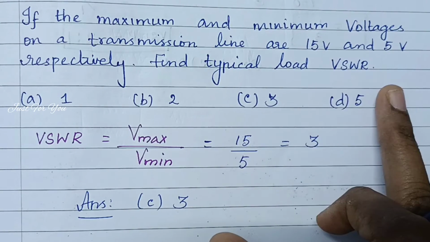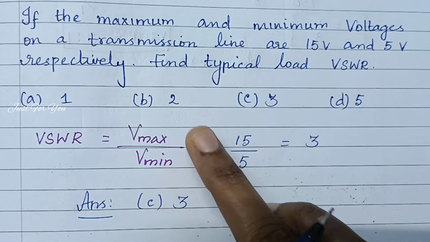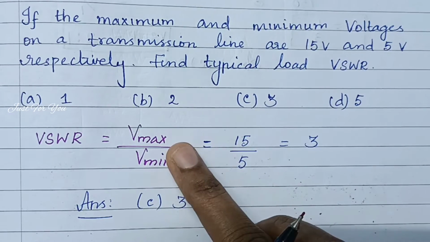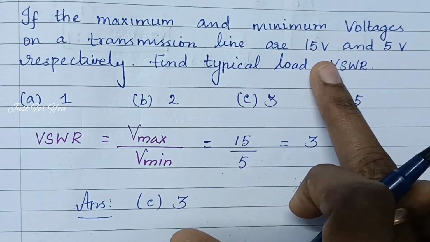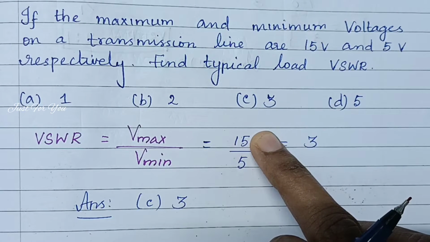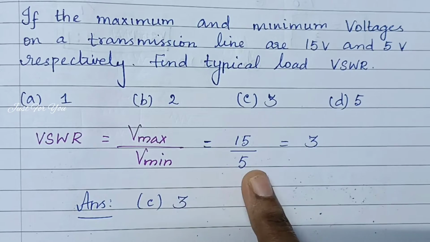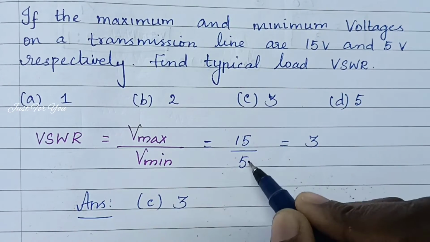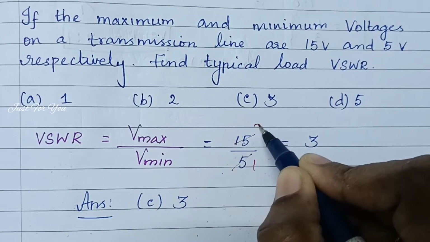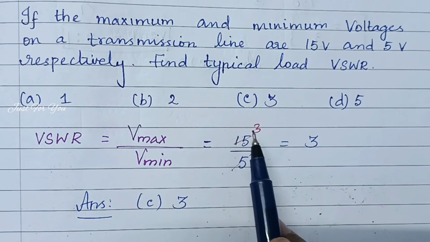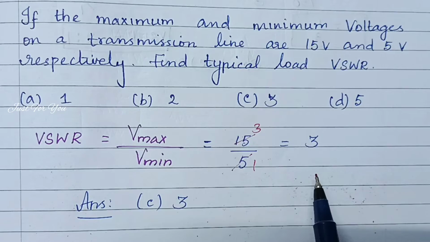To calculate VSWR, the formula is Vmax divided by Vmin. Vmax, that is maximum voltage, is 15 volt. We are substituting that 15 volt here and minimum voltage is 5 volt. Then this will get cancelled. 1 5 is 5, 3 5s are 15. So the answer is 3. From the given options, option C is the right answer.